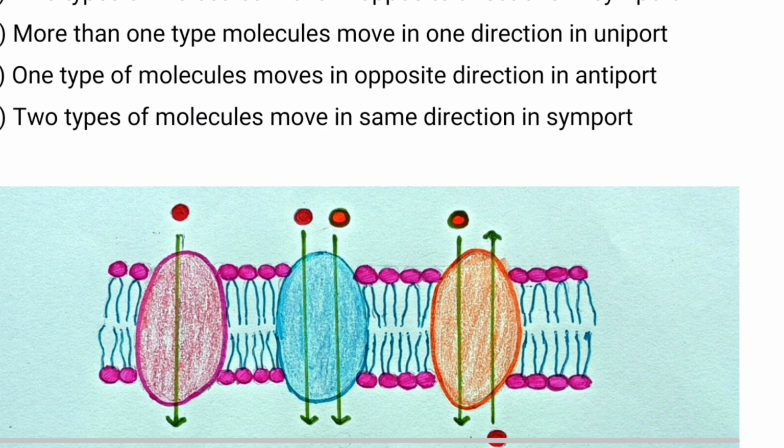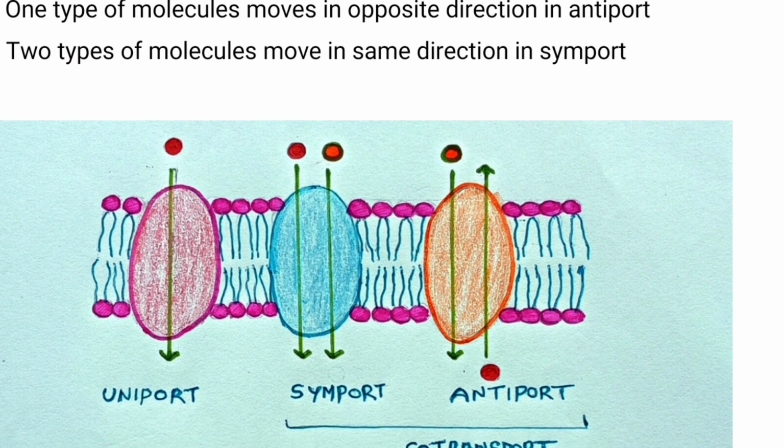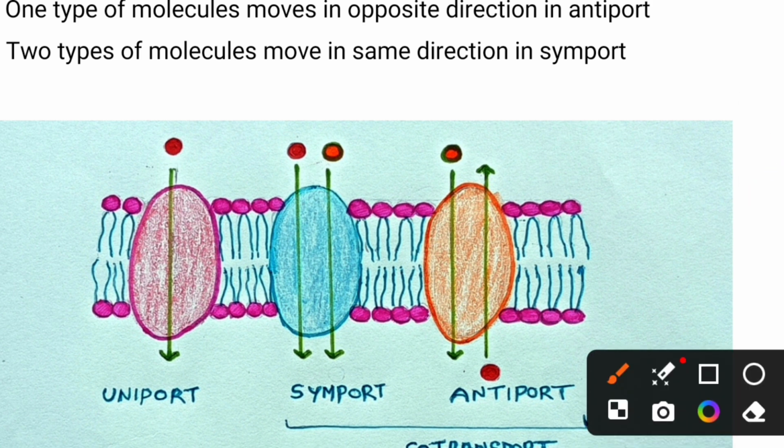Here proteins are embedded in the plasma membrane, and those three proteins are transporting molecules inside and outside. There are three types of transport through the proteins: first Uniport, second Symport, third Antiport. Let's see one by one before answering the question.